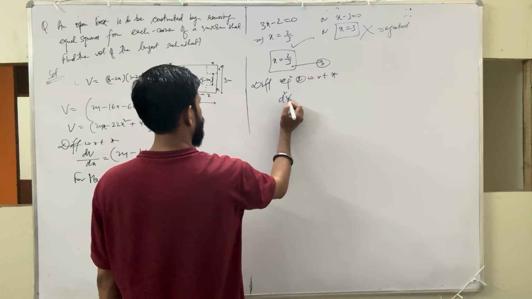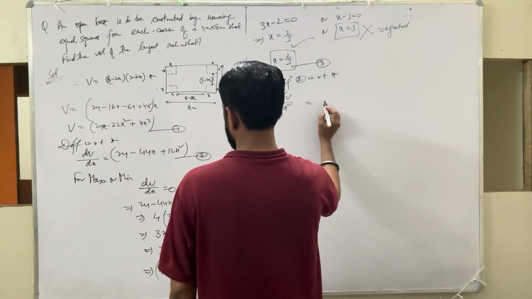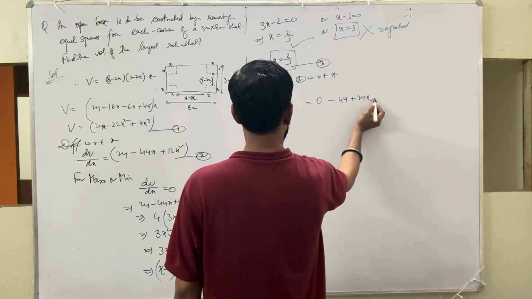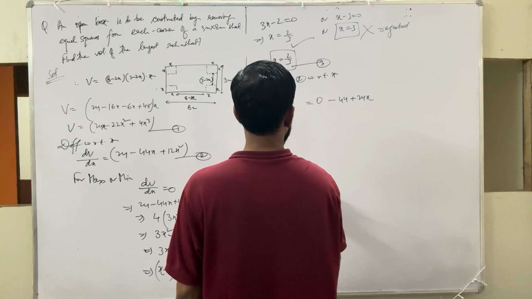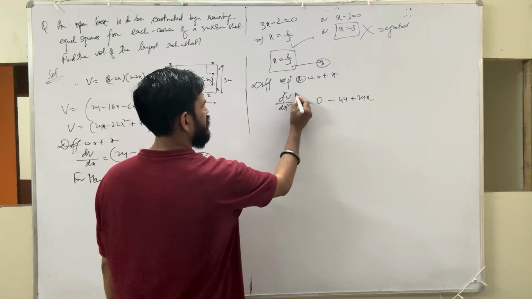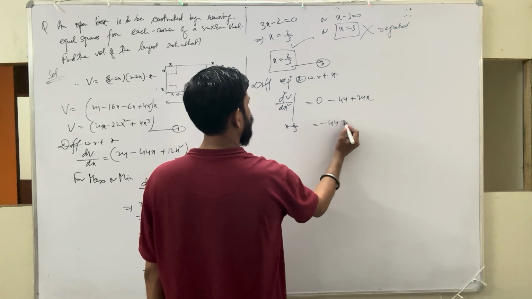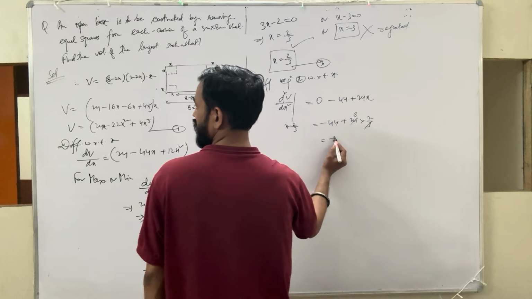We get d2V by dx square, and it will be 0 minus 44 plus 24x. Now if you put 2 by 3, it becomes minus 44 plus 24 into 2 by 3, it becomes minus 28.